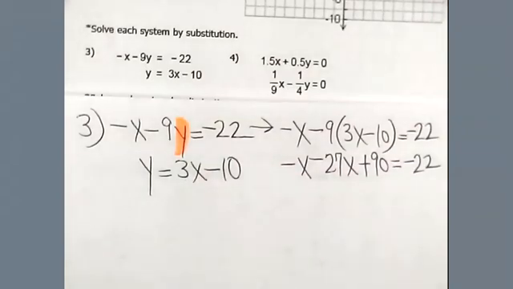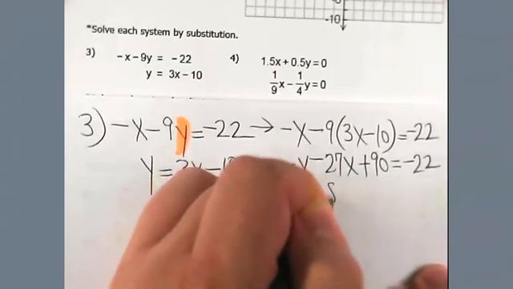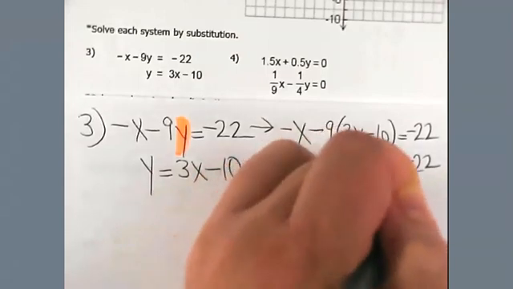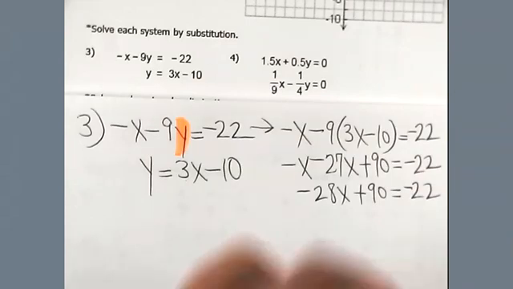On the left side still, combine your x's. So that gives us negative 28x plus 90 equal to negative 22. We still need to get the x part by itself, but before we divide by negative 28, we must move the 90 to the right-hand side.